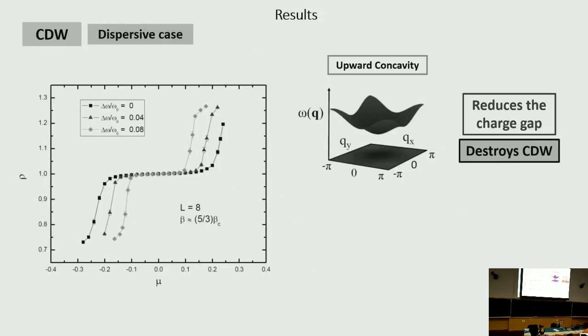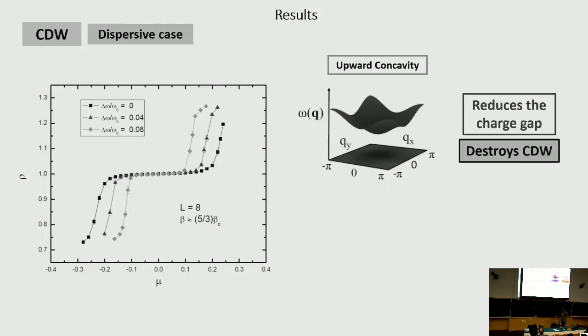So let's start with the first one. What happens if I have an upward concavity? Let me remind you that one thing that is very important for charge density wave is the charge gap. And I have shown you before that for the Peierls-like type, I have a charge gap. So when I have this kind of dispersion, and I start to increase the phonon bandwidth, I see that this charge gap starts to decrease, which means that I'm destroying charge density wave.